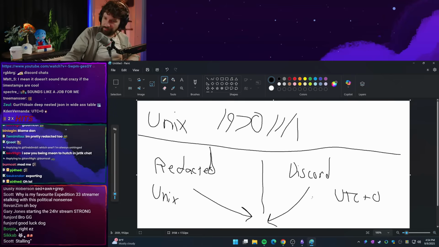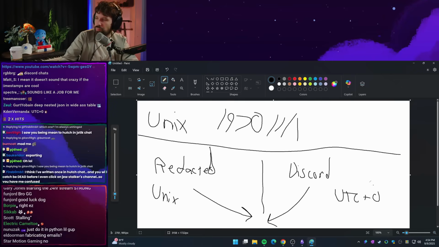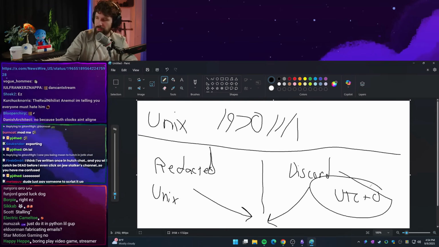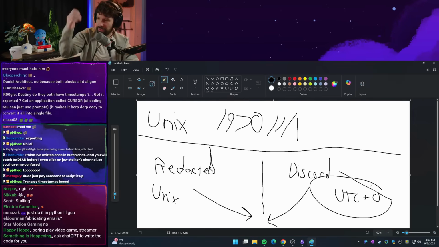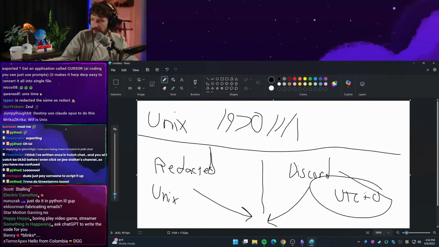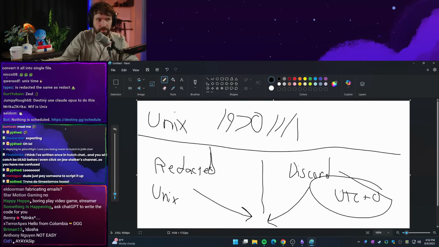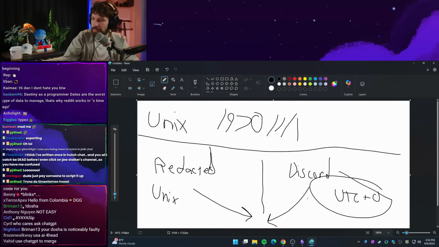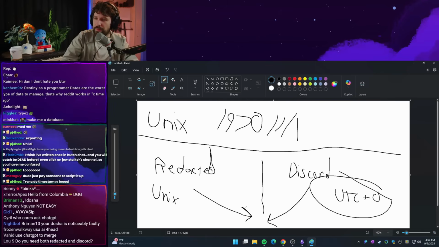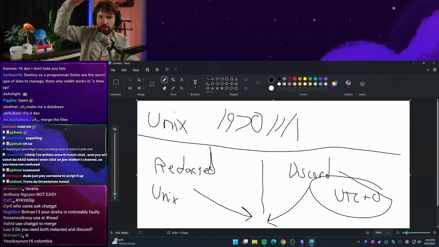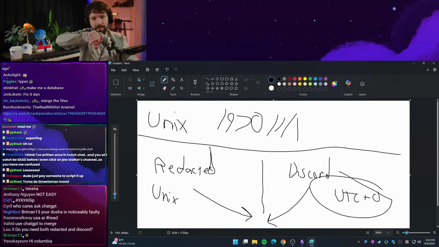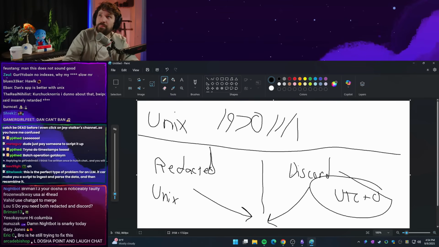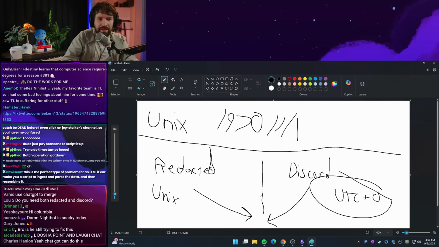So I bring into a spreadsheet all of the UTC plus 0 timestamps, convert all of them in a batch operation to Unix time, and combine these two data sets. Then I sort chronologically and reconvert all of it back to human time. Easy, right? Easy. Not easy.